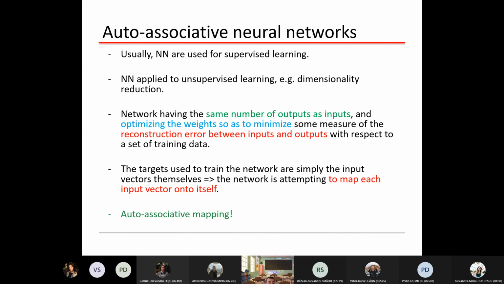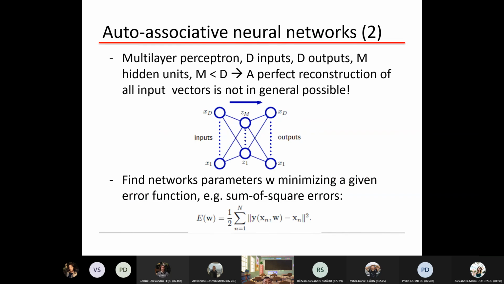But if we go through a layer that will be the principal subspace, which means that we'll have a number of neurons that is smaller than the input dimension, perfect reconstruction is usually not possible. These are also called auto-associative mappings.